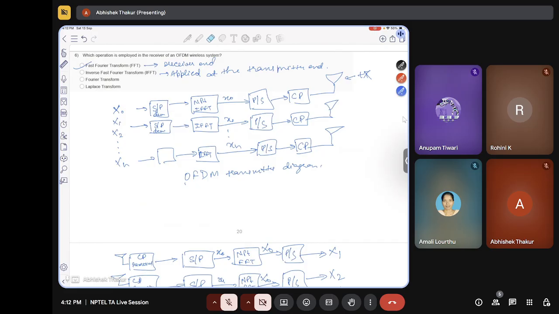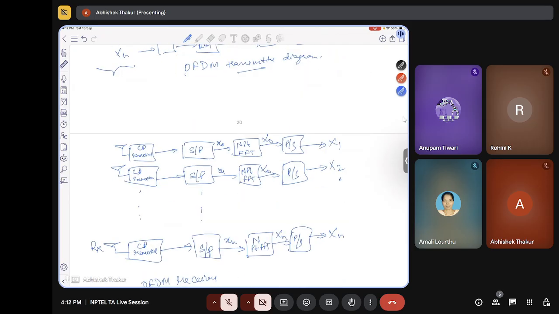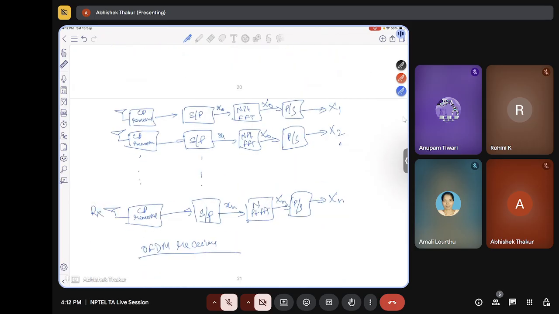Here, as you can see, x naught to xn are the transmit symbols, and then the IFFT is required at the transmitter end, and after that it is transmitted. At the receiver end we have to use FFT. These two are the important things in OFDM.